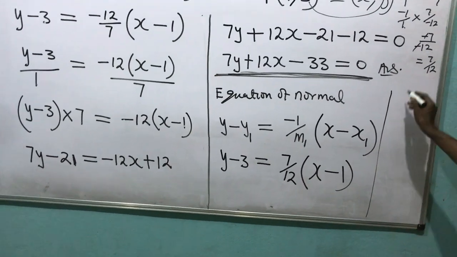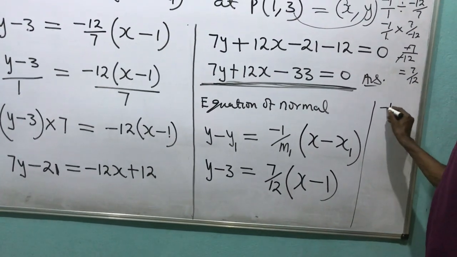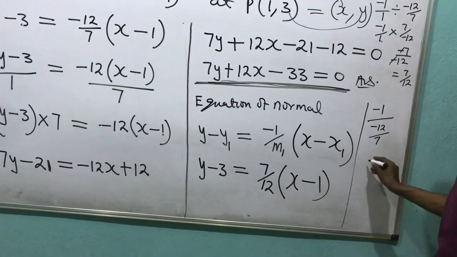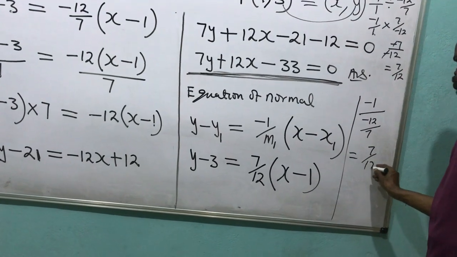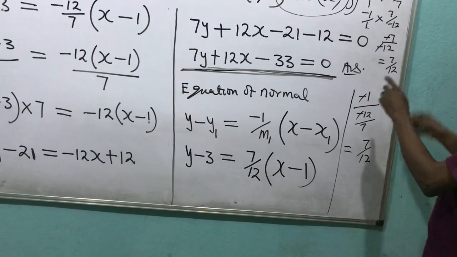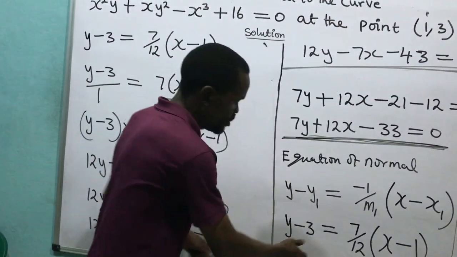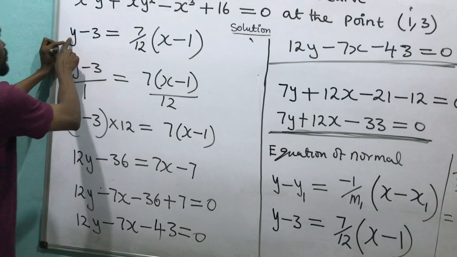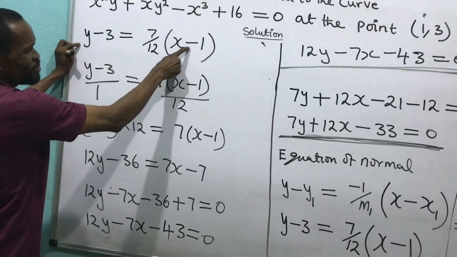That means the inverse of this, minus the inverse of minus 12 over 7, the answer is 7 over 12. This minus will cancel this minus, as it is inverted. Now let's substitute the value into this equation. I have y minus 3 equals 7 over 12 into x minus 1.